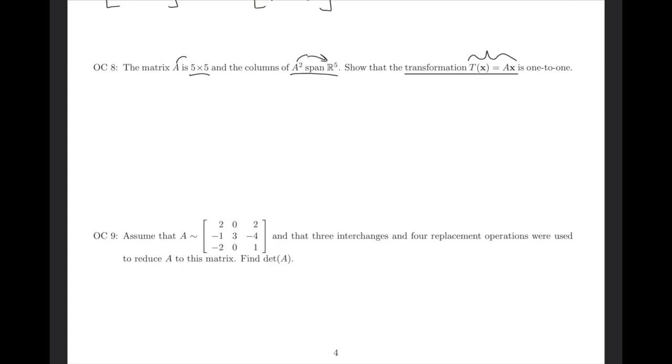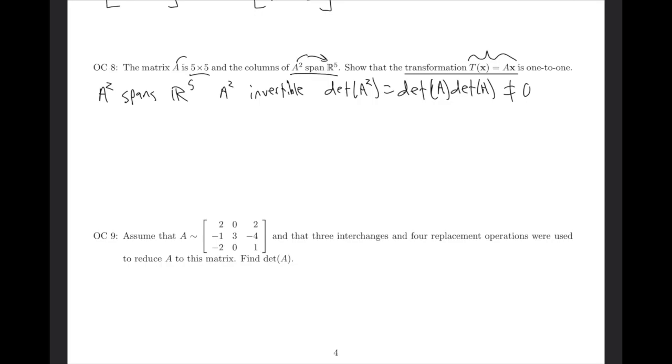Because that's the case, that means A squared is invertible. So the determinant of A squared, which we can re-represent as the determinant of A times the determinant of A, is not equal to 0.